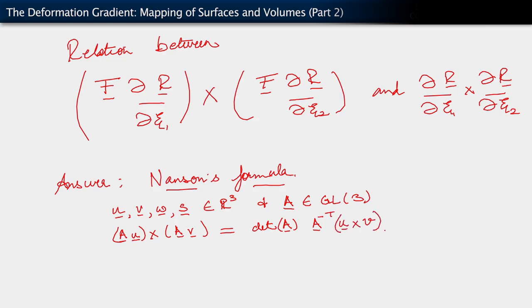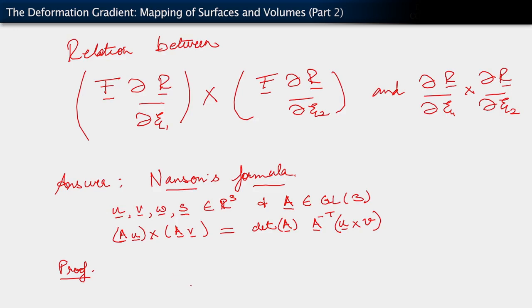That's Nansen's formula. We're very quickly going to prove it. You can see now, having defined AU cross AV, how that's applicable to the formula that we are trying to prove at the top of this slide.